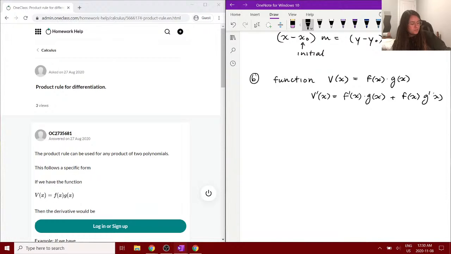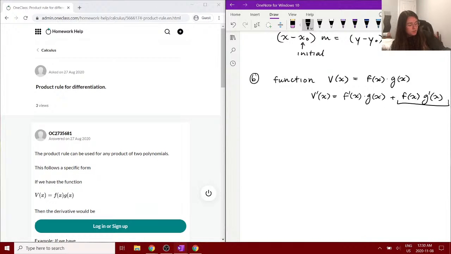Okay, so in the first term here, we have one derivative, this one's a derivative of f of x, and this one, g of x, is just the same as it was given in the equation.